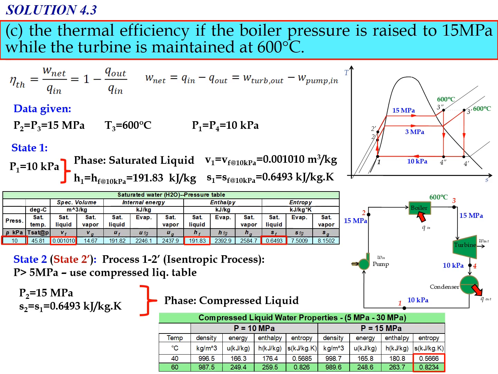So you need to make an interpolation between the entropy value and also the enthalpy value, so you can get the value of H2 equal to 207.5 kJ/kg. However, you have another option for state number 2 in order to determine the H2 value. You can use the formula W in equals V1 multiplied by P2 minus P1 equals H2 minus H1. The value will be slightly different, but still acceptable.